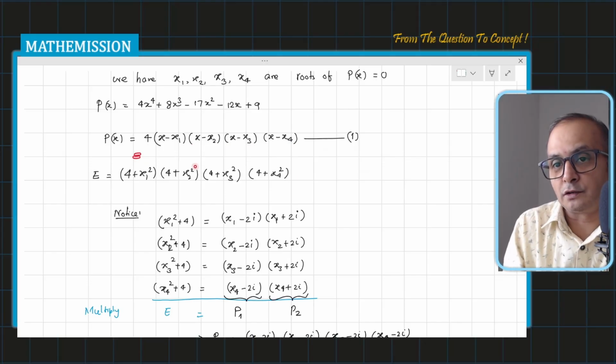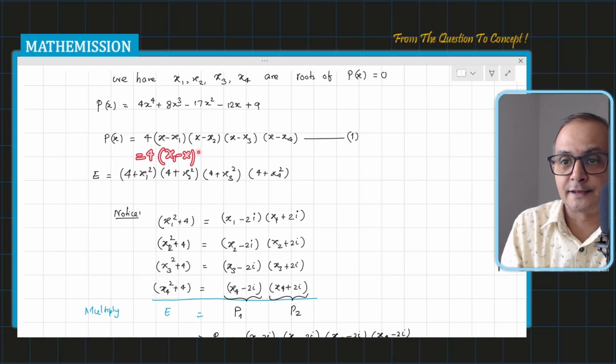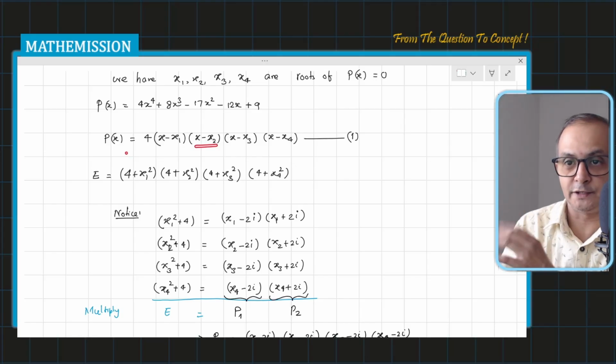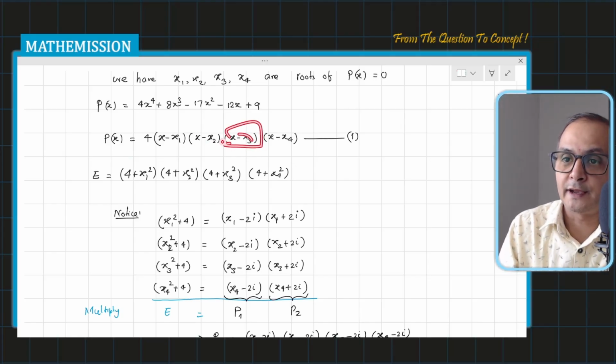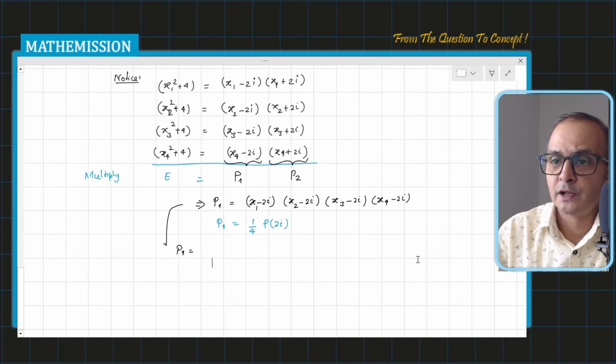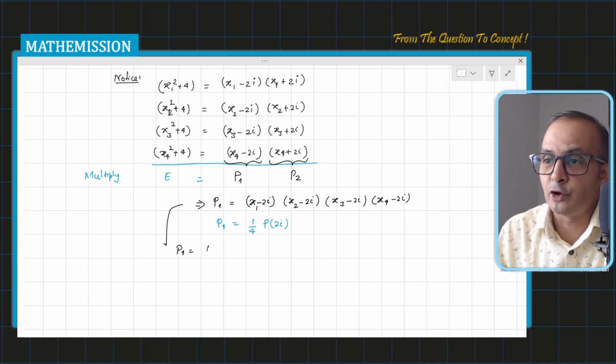If we change the order of the values in the bracket, it can be x1 minus x, and since you are changing the other brackets simultaneously, it will not be affected by the sign, because the minus signs will compensate by the product of the two negatives. Similarly here, you get x3 minus x and x4 minus x. So P1 is nothing but 1/4 times P of 2i.